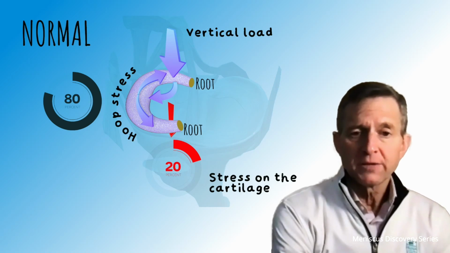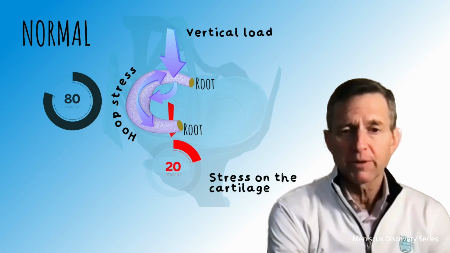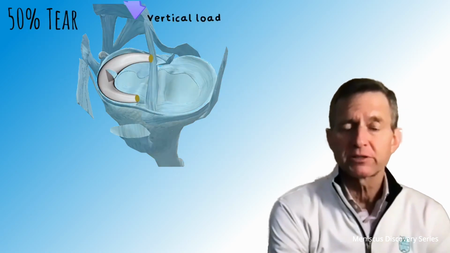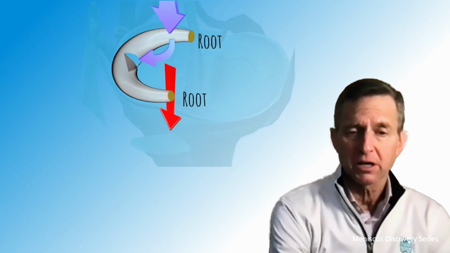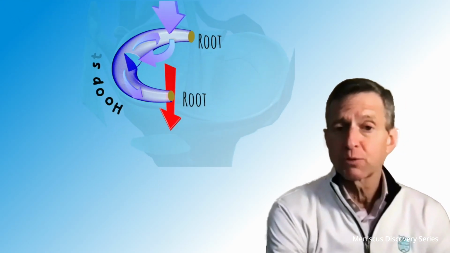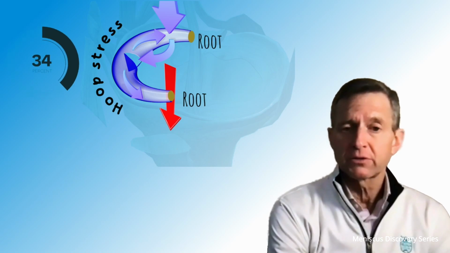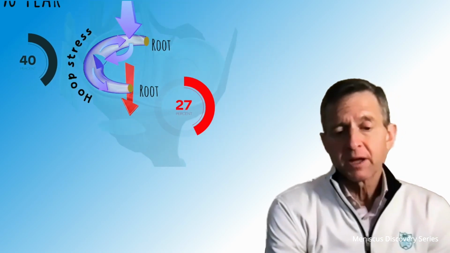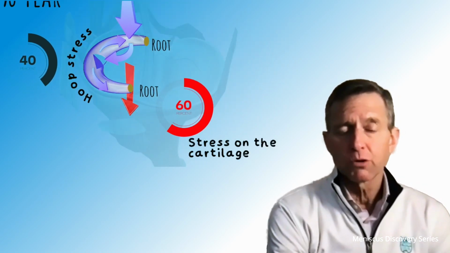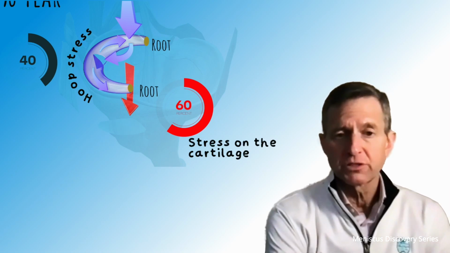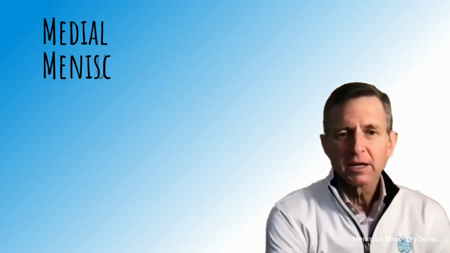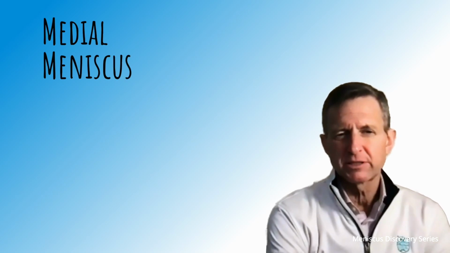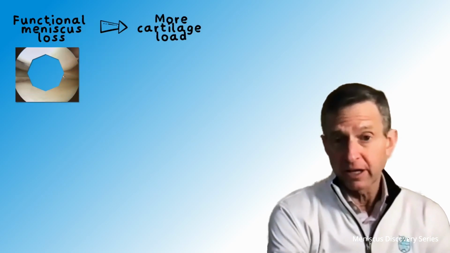So if you have a tear that compromises, say, 50% of the lateral meniscus, now only 40% of the load goes through the meniscus, and consequently much more load is borne on the articular cartilage. This is why in the meniscus deficient knee, there is a more rapid progression of cartilage damage and eventual osteoarthritis.